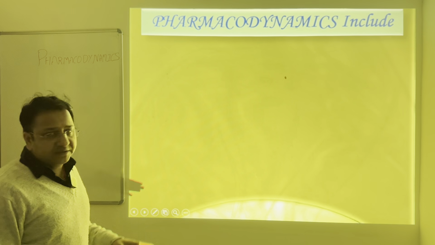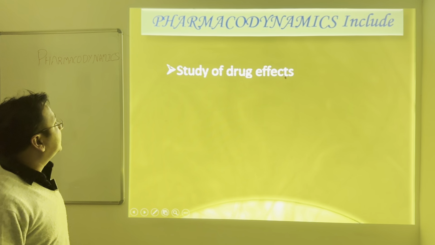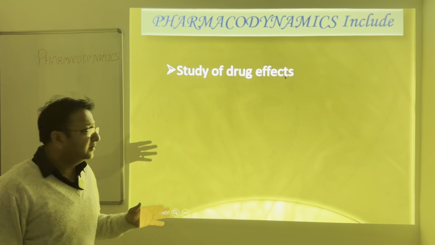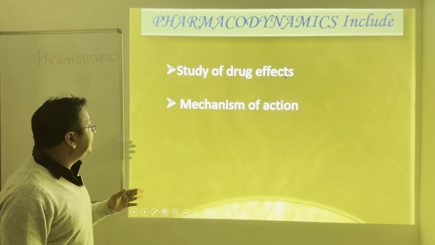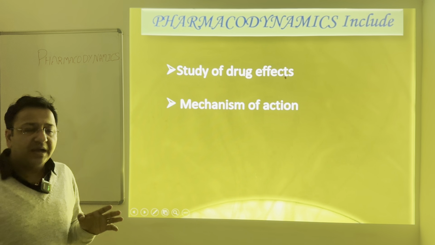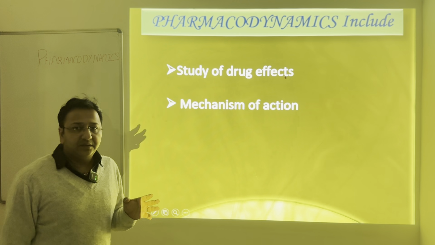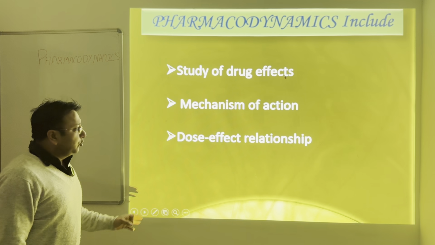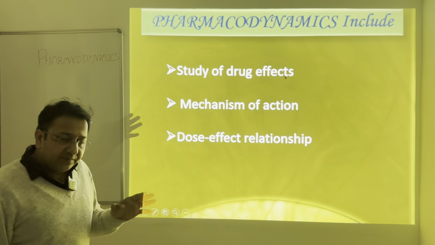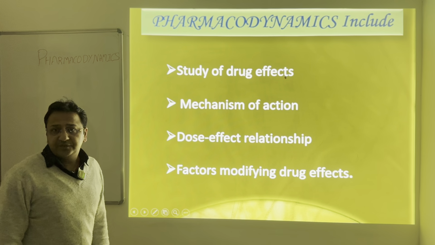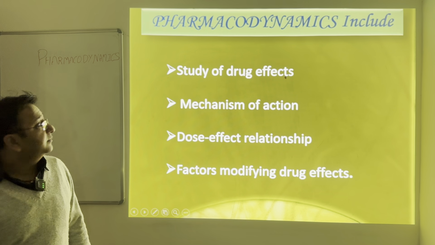In this chapter we will study the various effects of a drug, and then the mechanism of action, how the drug is acting. Mainly the drug acts via the receptor. The lock and key hypothesis was there for the receptor. Then the dose-effect relationship, what happens when we increase or decrease the dose, and the various factors which modify the drug effect.